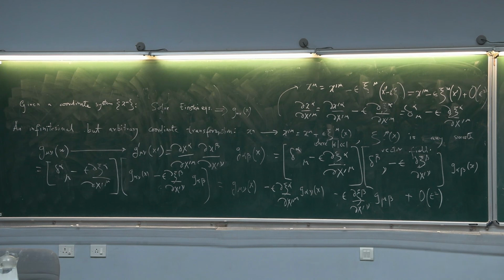That means g prime mu nu as a function of x must be the same as g mu nu as a function of the same coordinates x, if xi mu as a vector field generates a space-time symmetry.